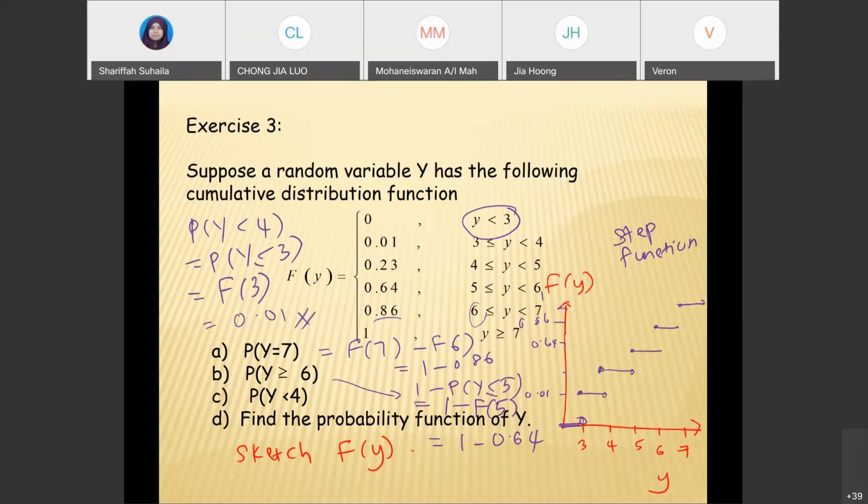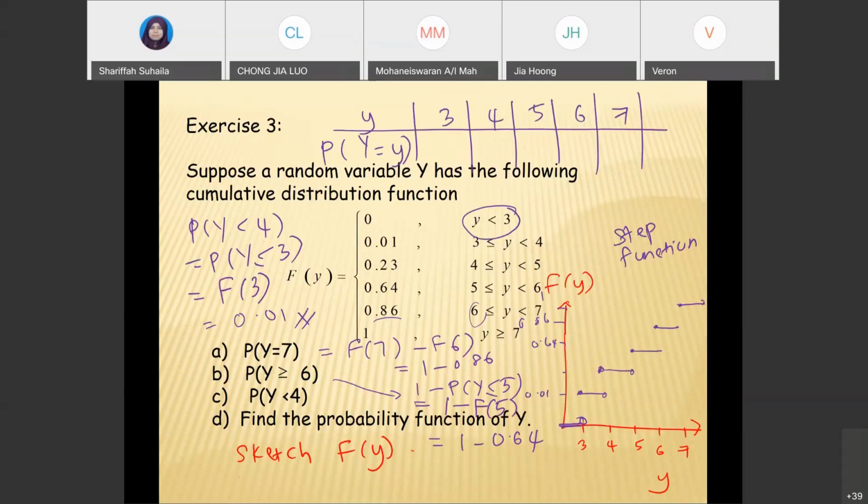Last, find the probability function, meaning list it out. You will have y, probability y equals y, for 3, 4, 5, 6, 7. So you have 0.01. For y equals 4, 0.23 minus 0.01, so 0.22.